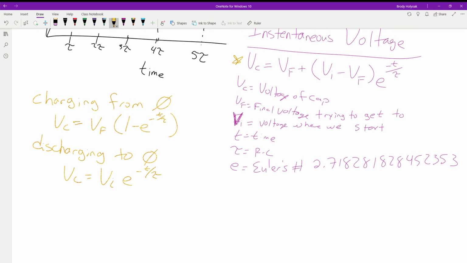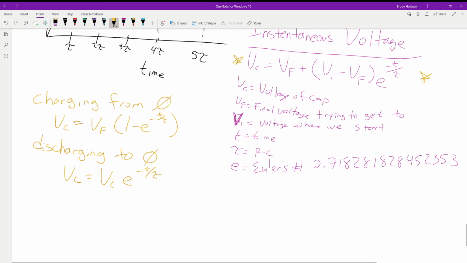Just like we had with parallel, the main one that we use is the reciprocal method, and then depending on which case is true, we have a couple of different options. Same with this. If you just remember and use this guy, you'll be just fine. These ones just simplify those values down. Those are taking into account you're starting at 0, going to some value. This one is taking into account you're starting at some value, going to 0. So you could derive these from that formula.